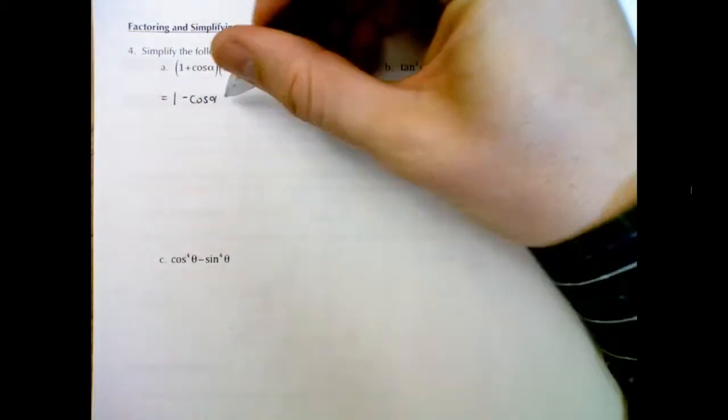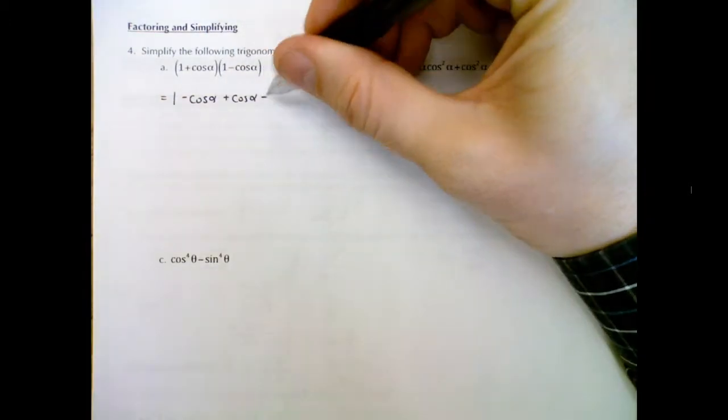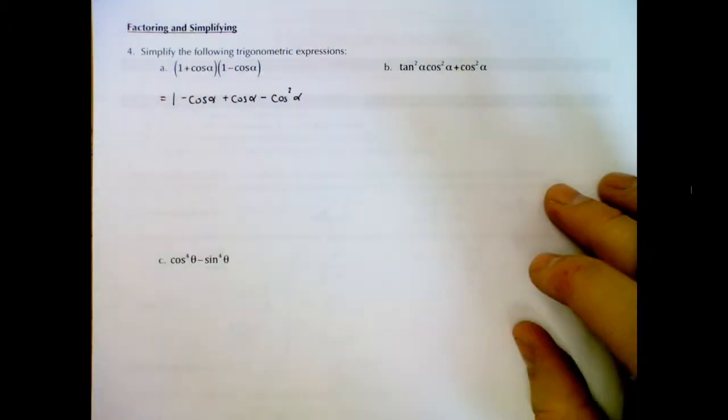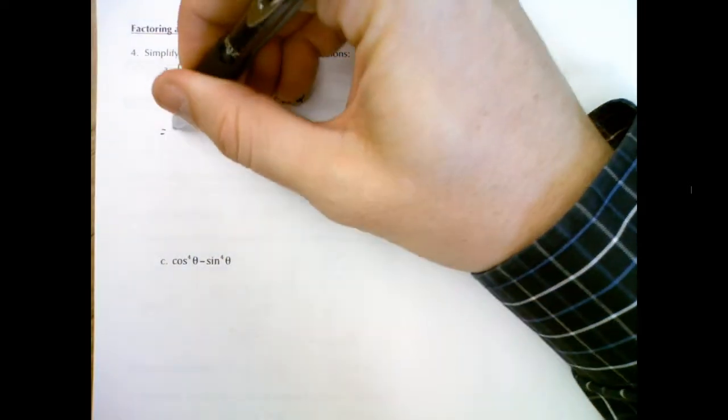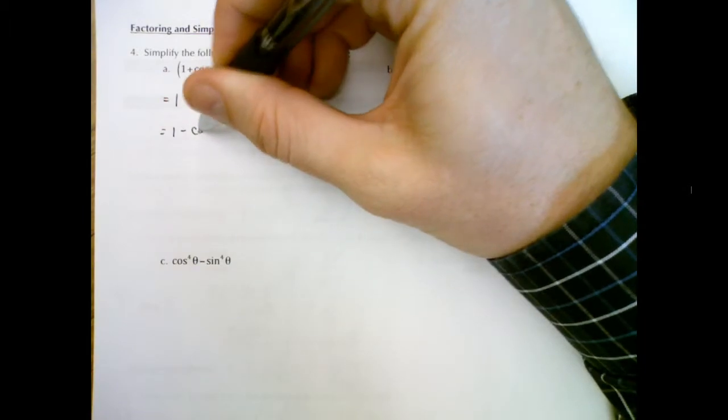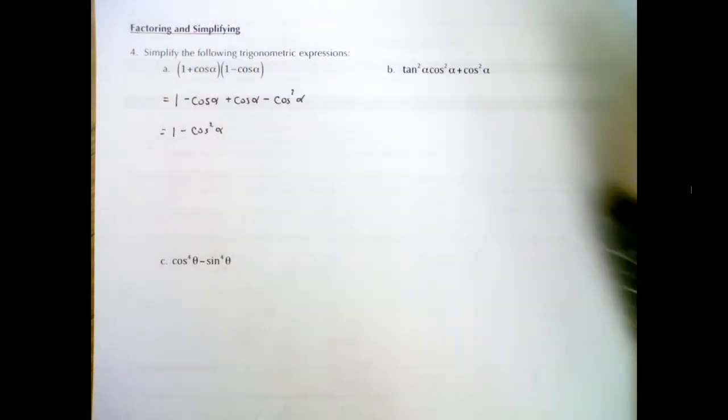Cos times 1 is cos alpha. And cos alpha times negative cos alpha would be negative cos squared alpha. Now if you look at the middle 2 terms, we got a minus and a plus. Those would add to 0, and we would end up with 1 minus cos squared alpha.